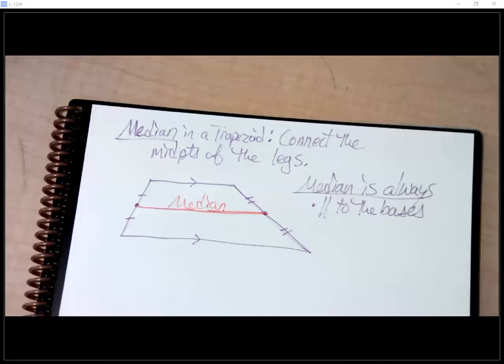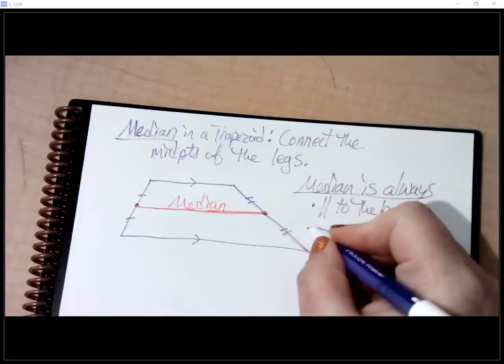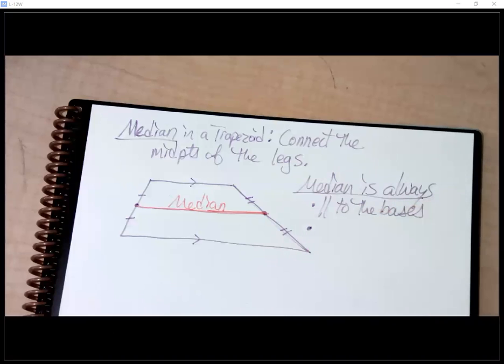And then the second fun fact, this one's weird. It has to do with the length. Now, hopefully you can see that the median is not the same length as either of the bases. But what it is, oh, go ahead.